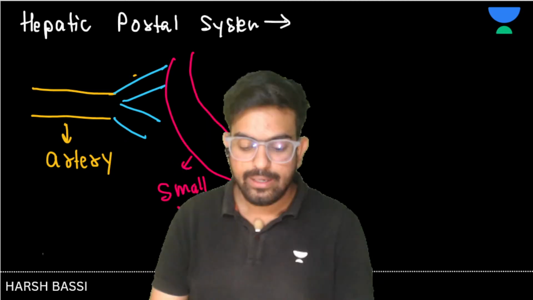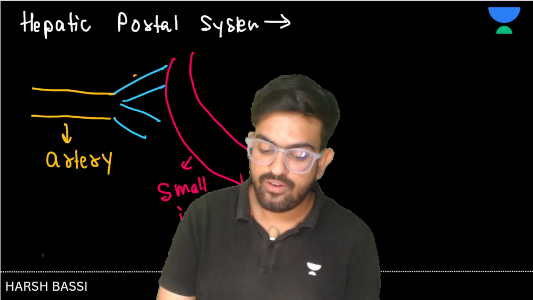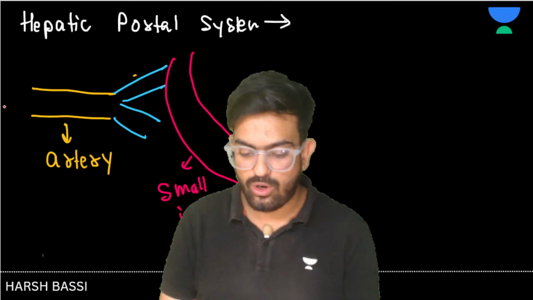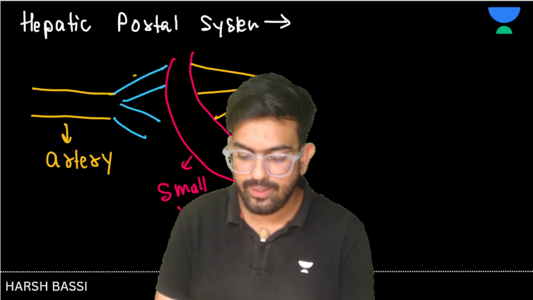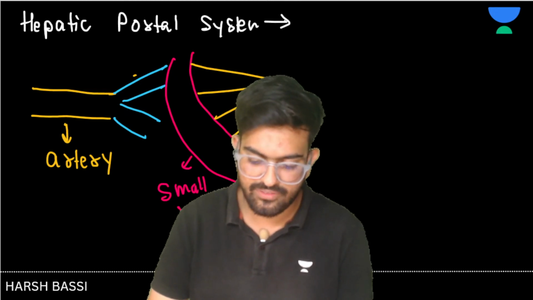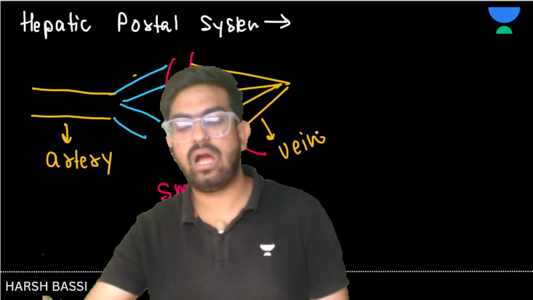Now, from the small intestine, a vein is originating. फिर से चलो. A vein is originating. But this vein is not going into the heart.